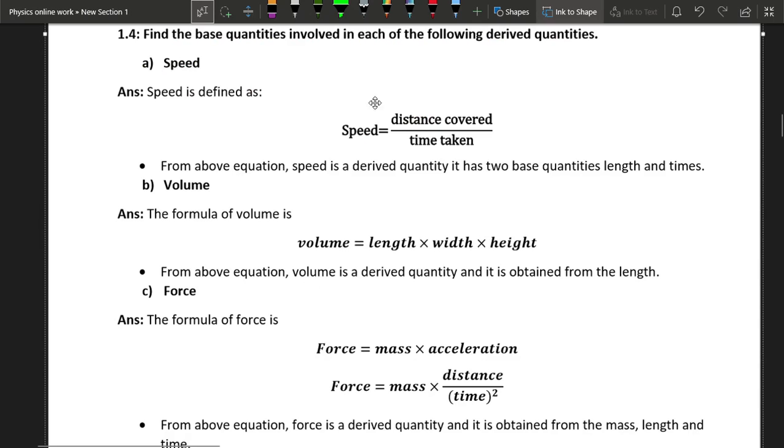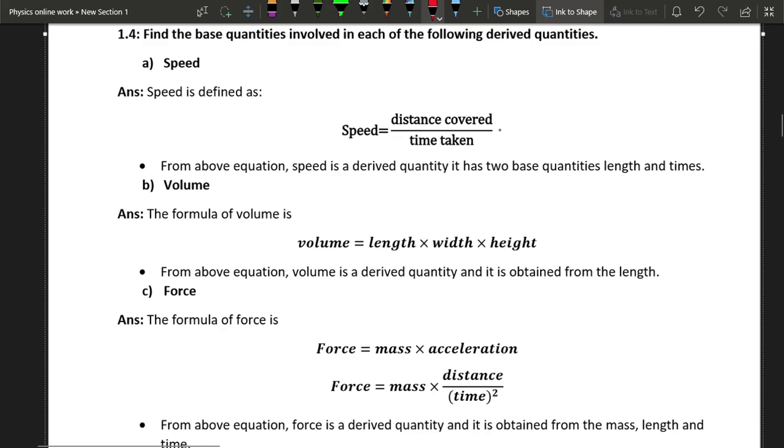Now question number 1.4 is, find the base quantities involved in each of the following derived quantities. In this type of question, you must write its formula, and then by using this formula we find the base quantities involved in these derived quantities. So the first one is speed.